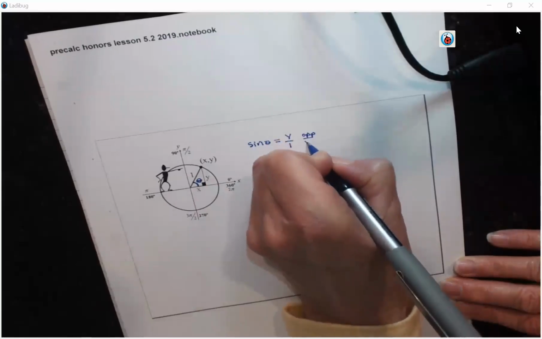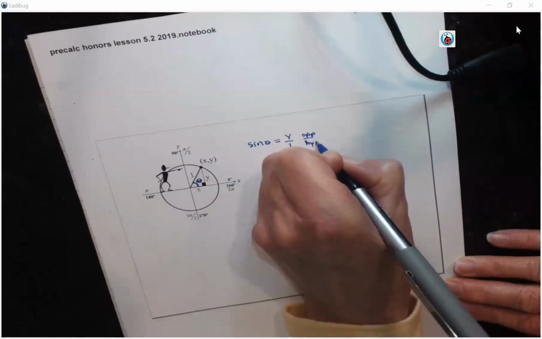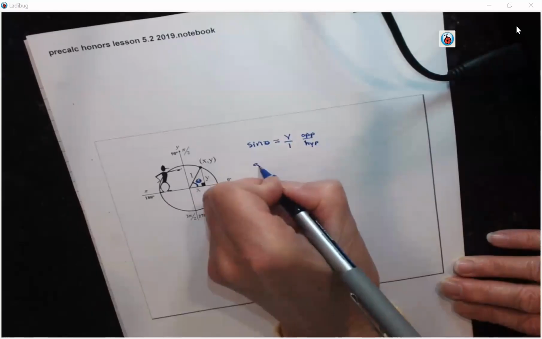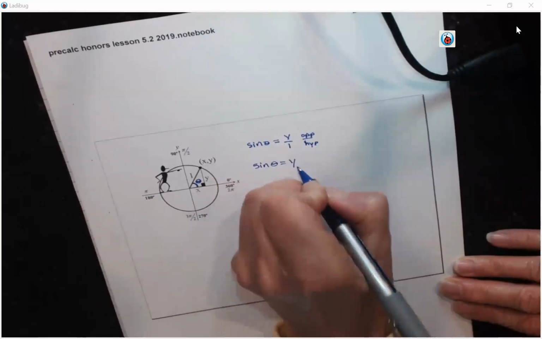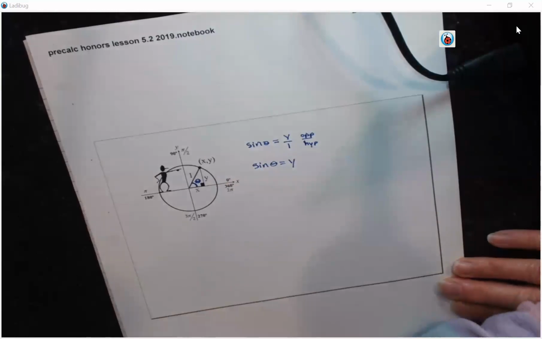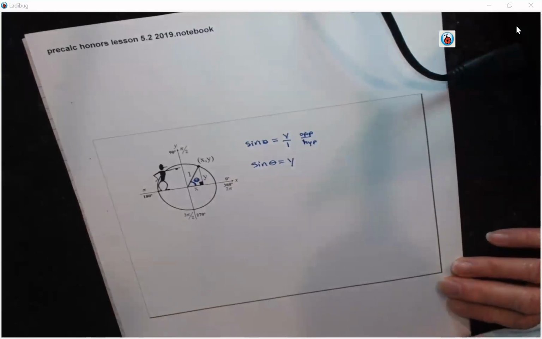So if you can remember what ratio the sine is. So in other words, on the unit circle, if we have a point on the terminal side of an angle theta measured in standard position, then its y coordinate is going to be given by the sine of theta. Or another way to put it is the sine of that angle theta is its y coordinate.